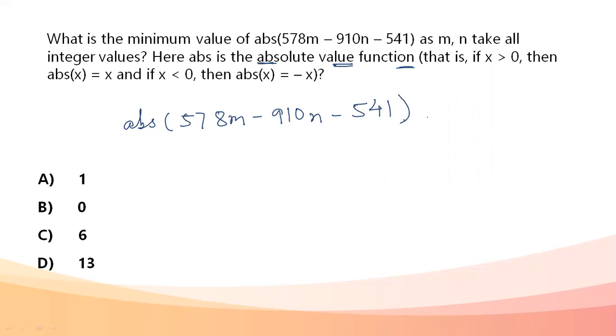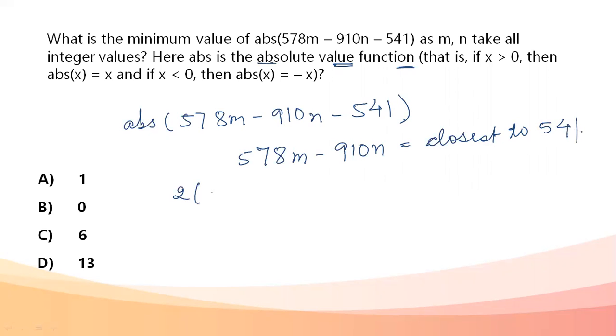We need to find this value out. Obviously, this is going to be the minimum when 578m minus 910n is closest to 541.